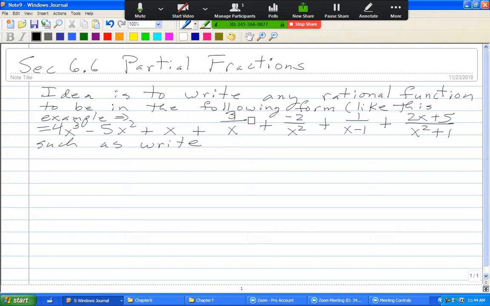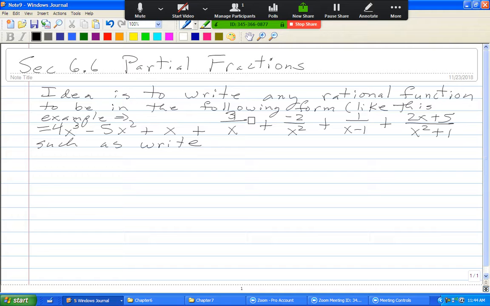So let's only look at the remainder. This remainder term will be some polynomial of lesser degree over another polynomial of higher degree.